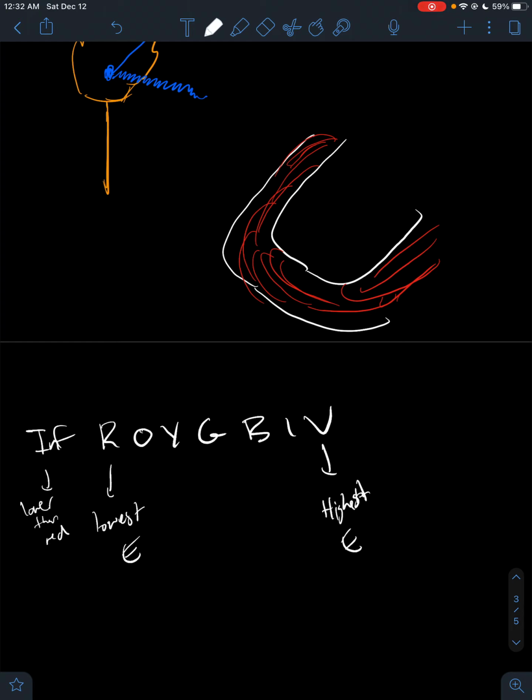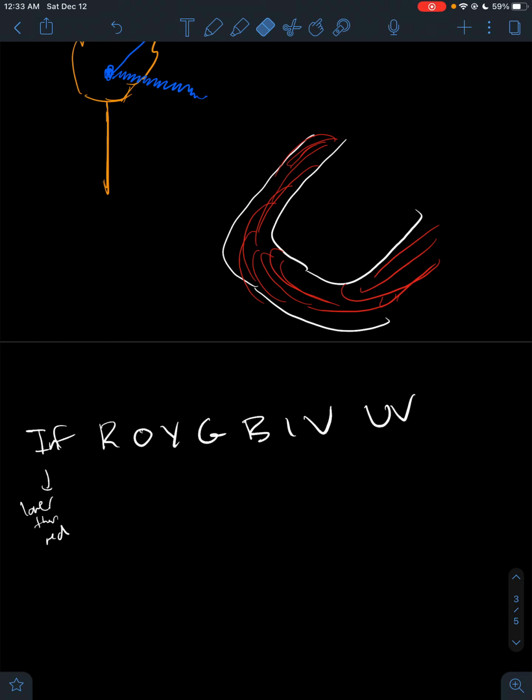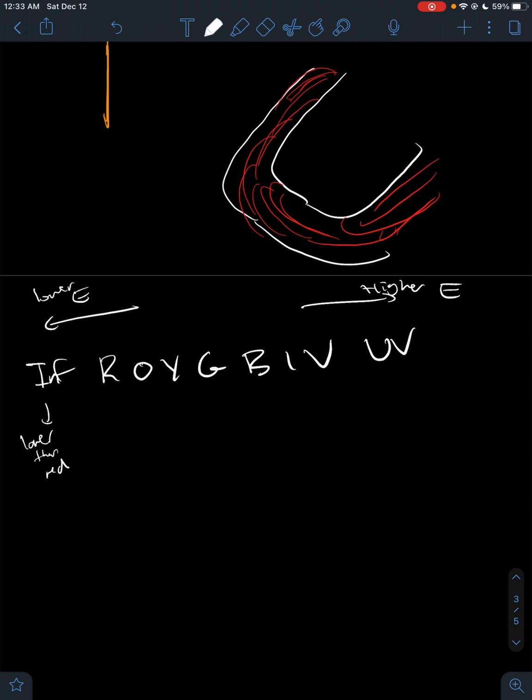And above violet, we have ultraviolet, UV. It's higher than violet, okay? There's a bit more to that, but for this video, we're just going to be concerned with those. So here we have lower energy. Here we have higher energy. Lower energy means higher frequency, and higher energy means lower frequency. And we're gonna understand why in the future.